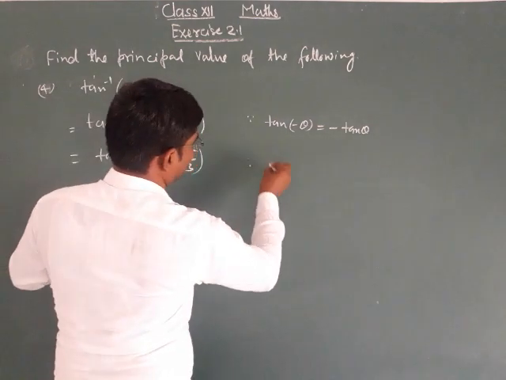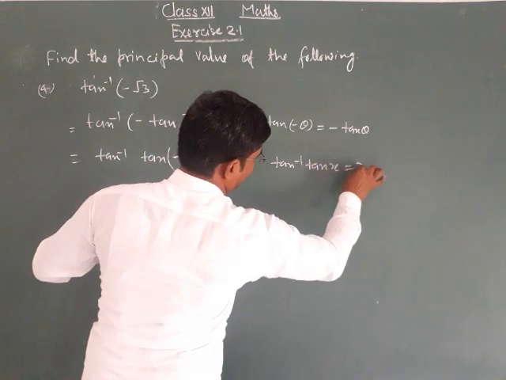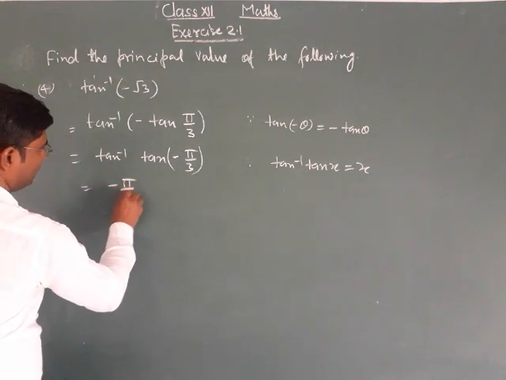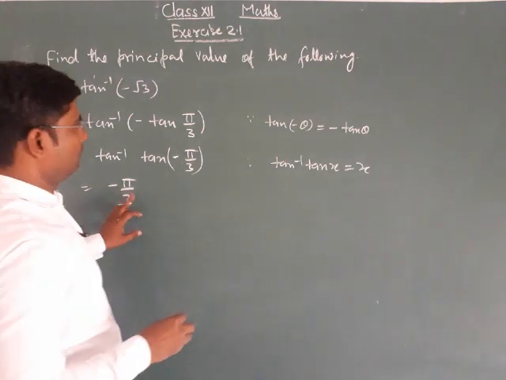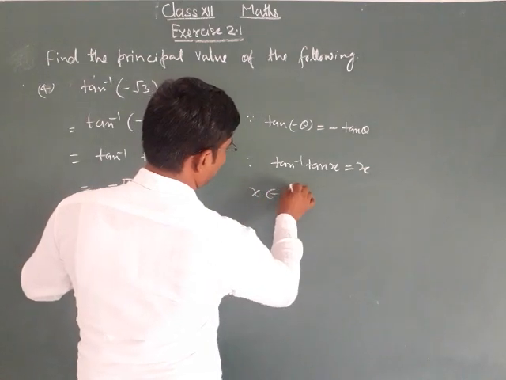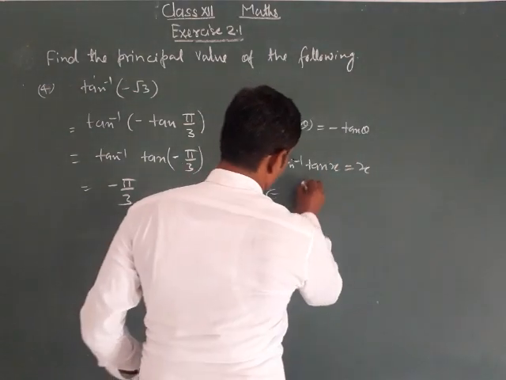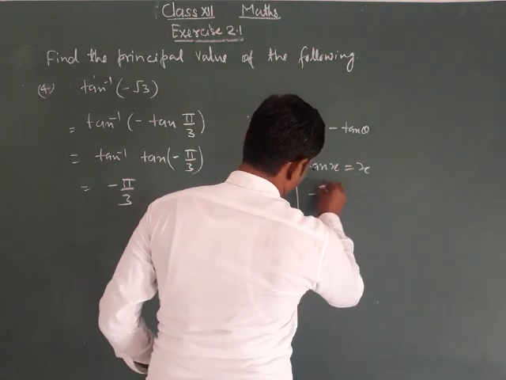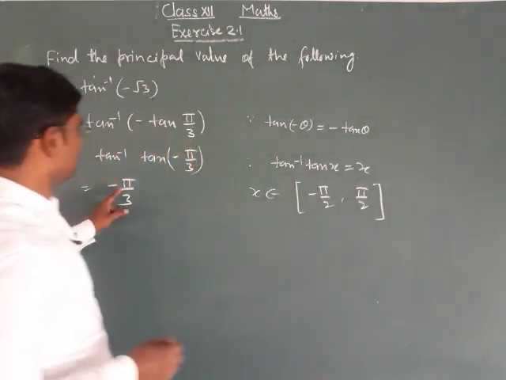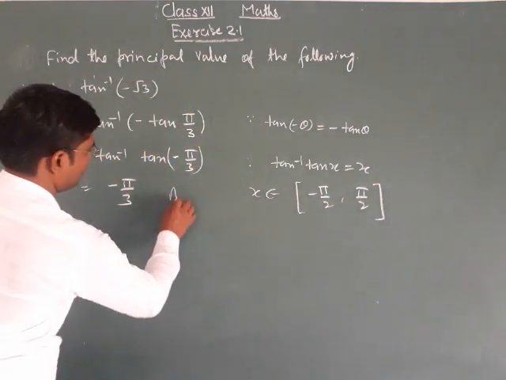Since tan inverse tan x is equal to x, we get minus pi by 3. For the principal value, x belongs to minus pi by 2 to pi by 2, and it lies between them, so this is the answer.